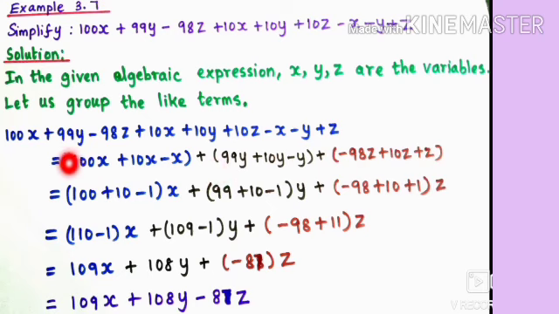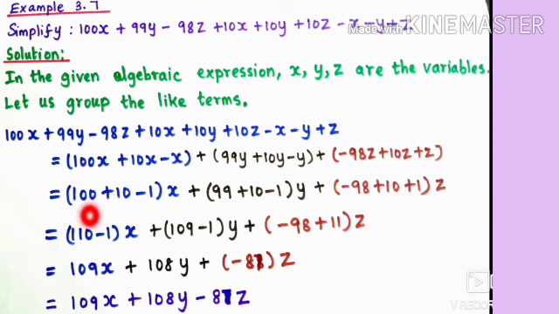So, here 100x, 10x and minus x are like terms in x. 99y, 10y, minus y are like terms in y. Minus 98z, plus 10z, plus z are like terms in z.